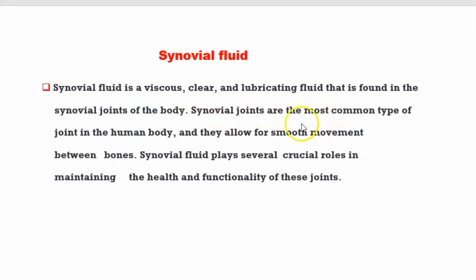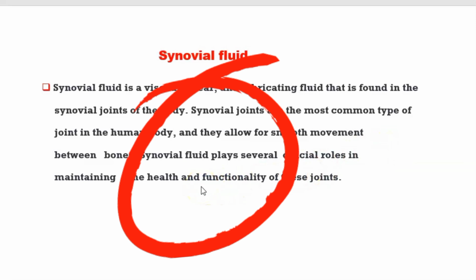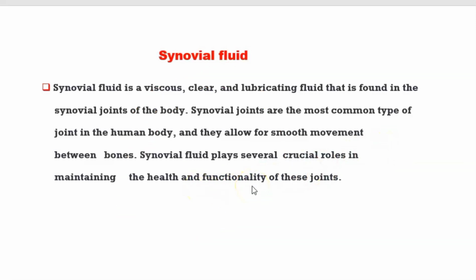Synovial joints are the most common type of joint in the human body. These joints allow for smooth movement between bones. The reason why there is no friction between bone A and bone B, between two bones, is because of the presence of synovial fluid. This synovial fluid plays several crucial roles in maintaining human health and functionality.